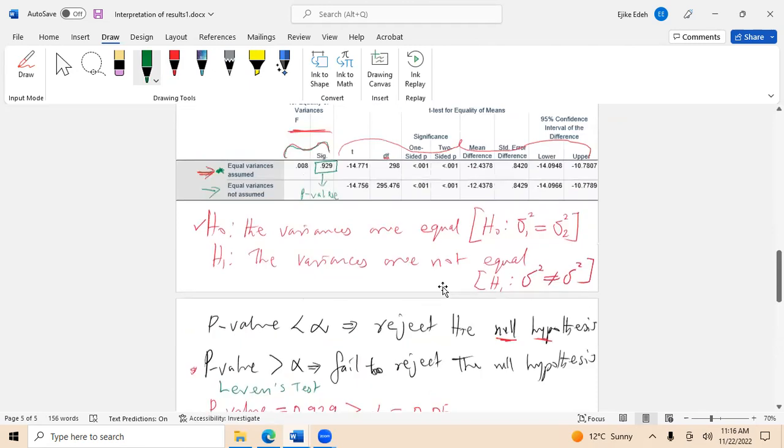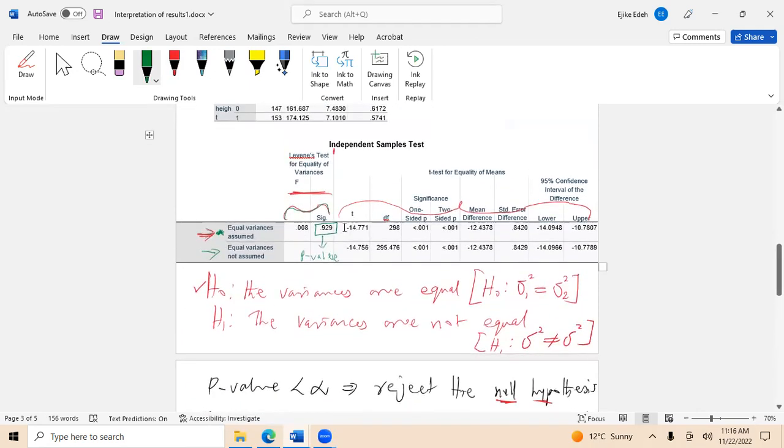Now that we've determined that we're going to interpret the first row, we pay attention to this p-value. The p-value here is less than 0.01, right?